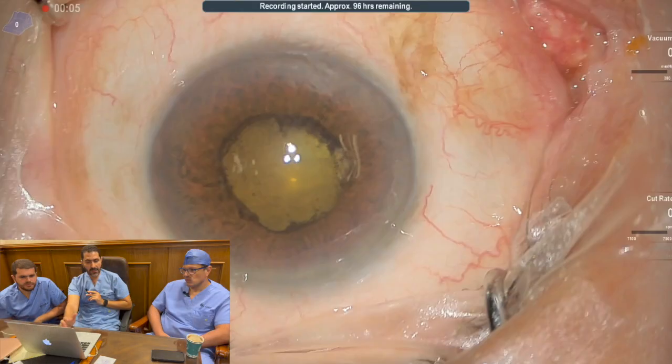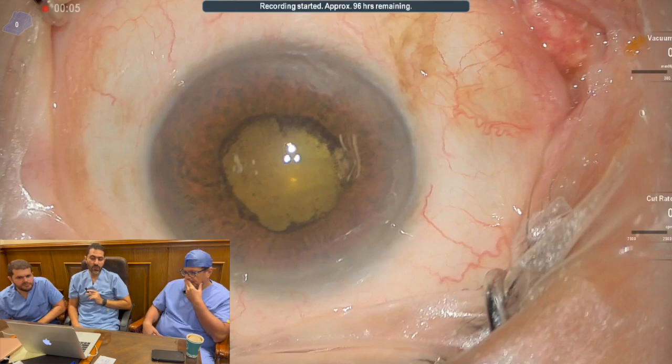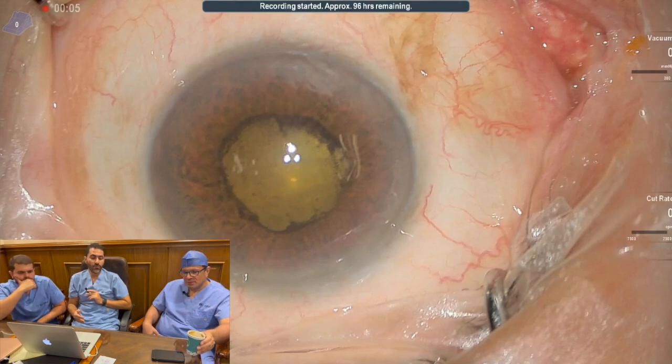Okay, so we'll move to the next entity, which is endogenous endophthalmitis in catheterized patients. This one was a prostate cancer patient who was operated on 2 months ago, and then he had a catheter, and he presented with diminution of vision and reaction just 2 months after the surgery.